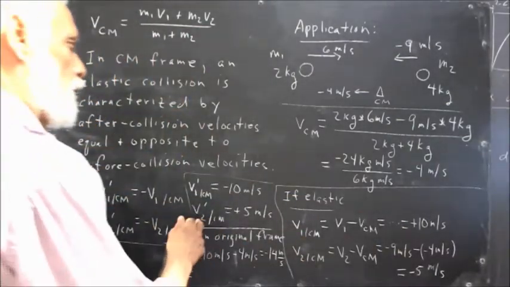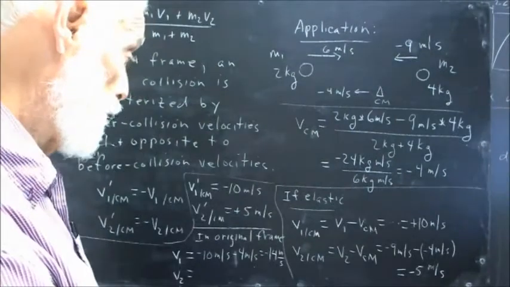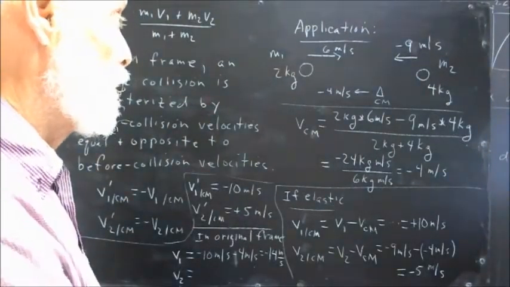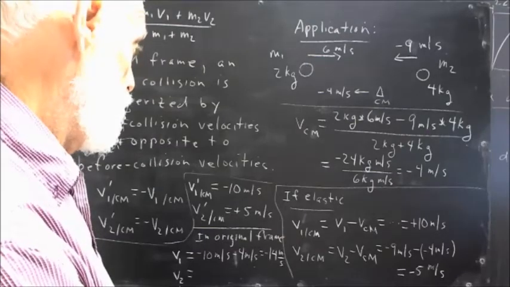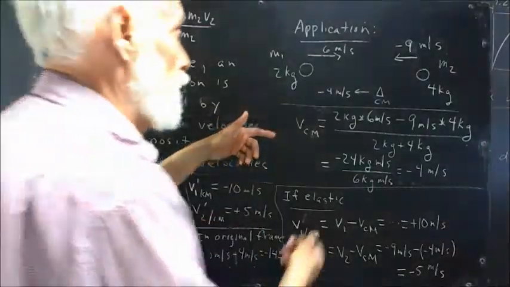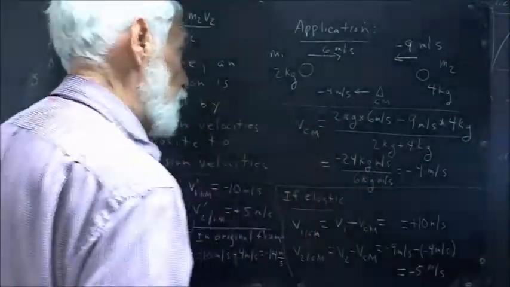Okay, so relative to the center of mass, the second object will be moving at plus 5 meters per second, meaning the center of mass is going to see the second object approaching it at 5 meters per second.